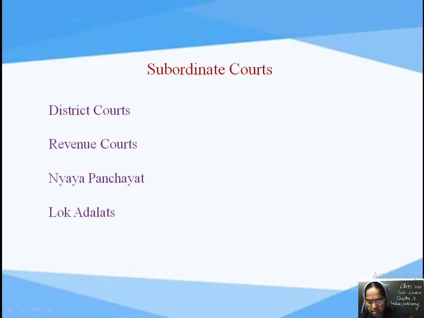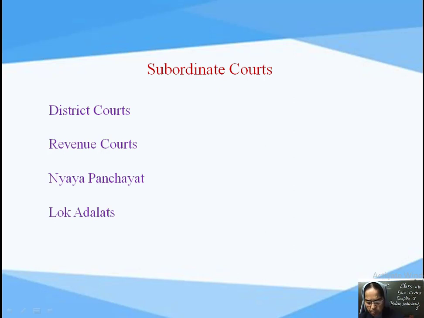The courts at the district level hear appeals against the decisions of lower courts. Appeals against the decisions of the district courts are taken to the High Court of the state. Next is revenue courts.